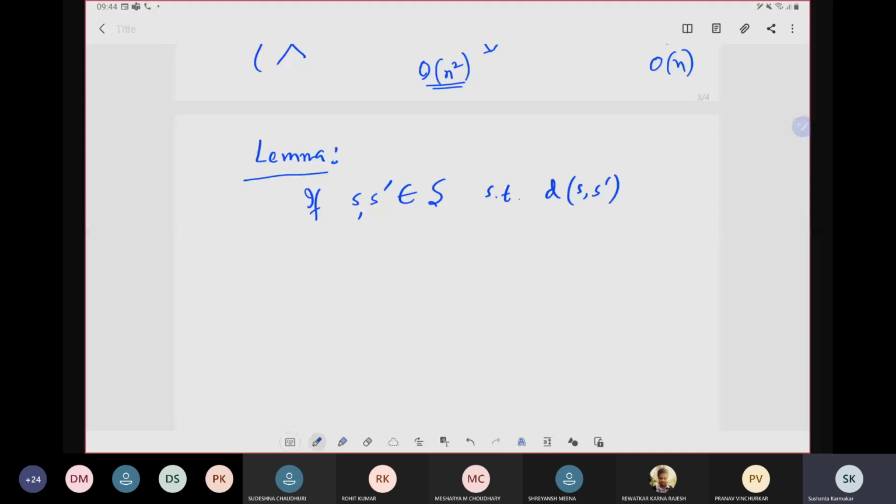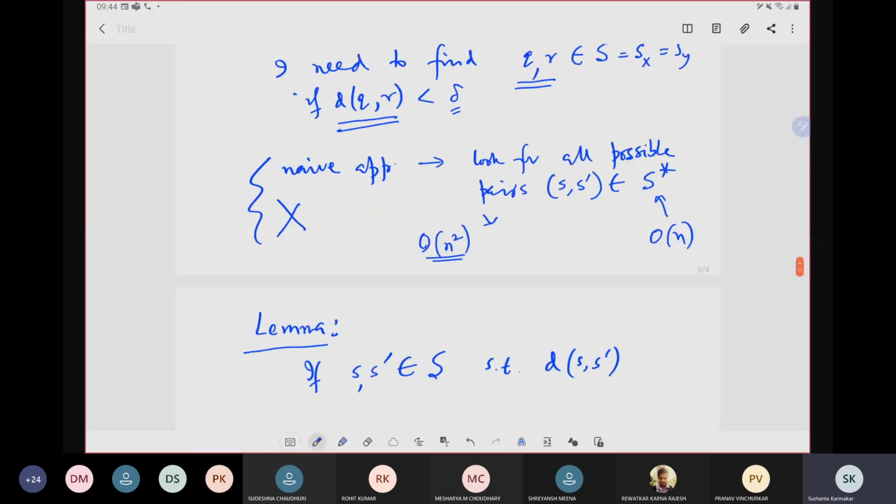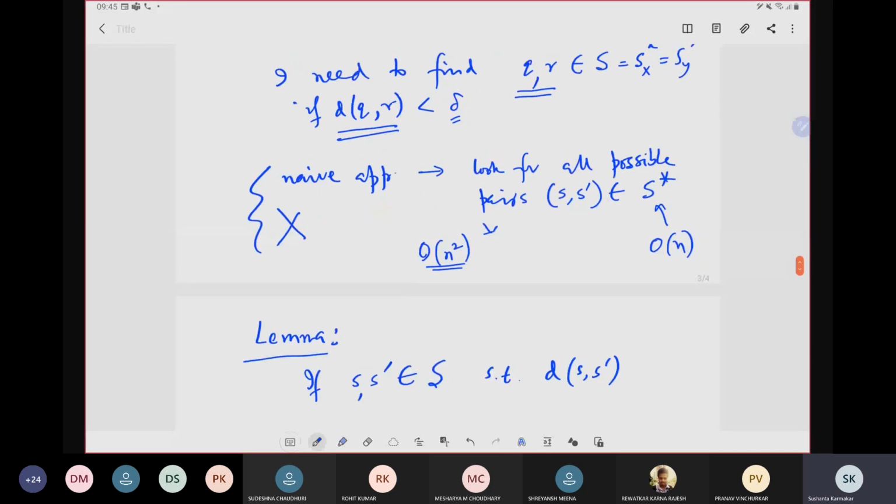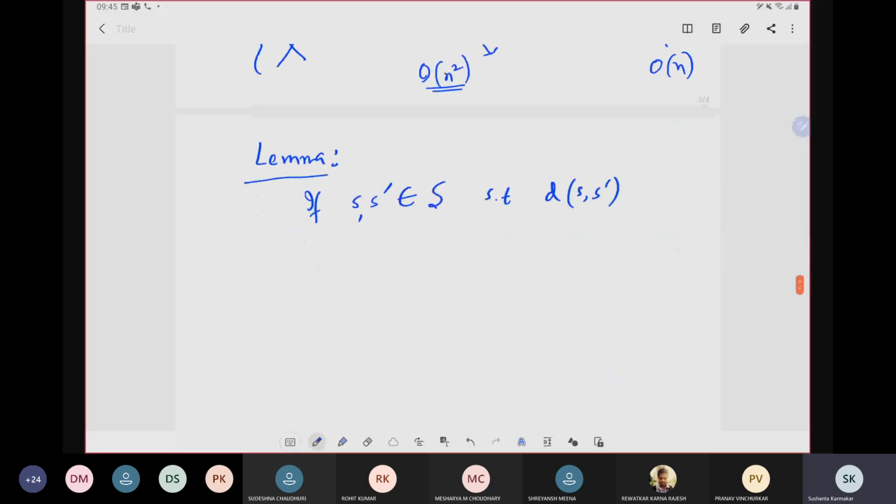Here I'm using S and S star because I'm now in this S. You can use P, Q, and R also, but that is just a change of symbols.